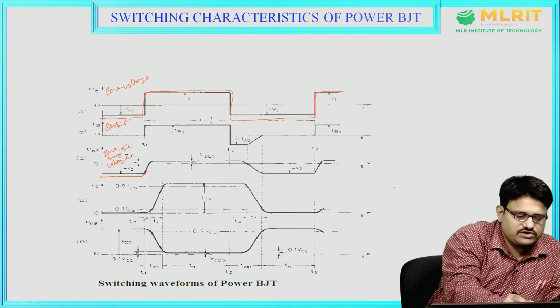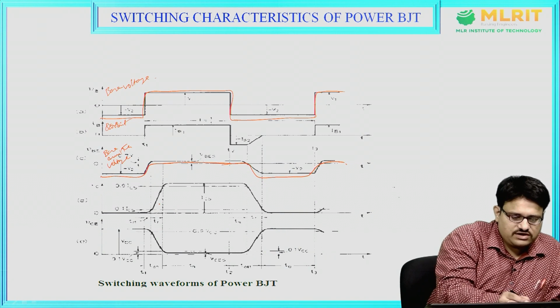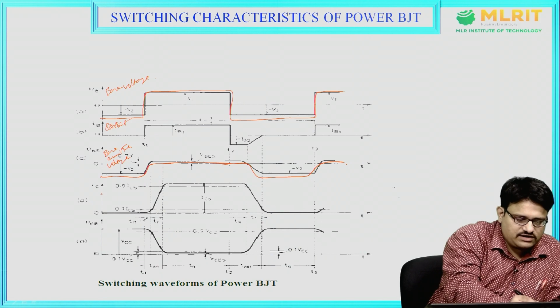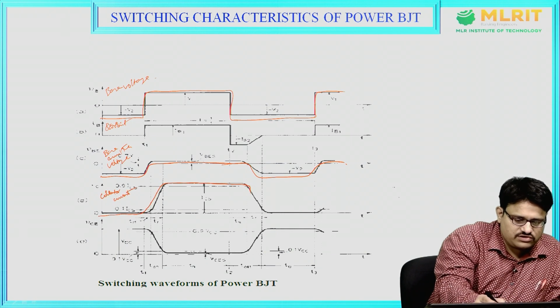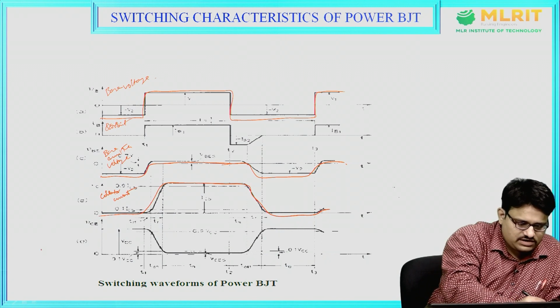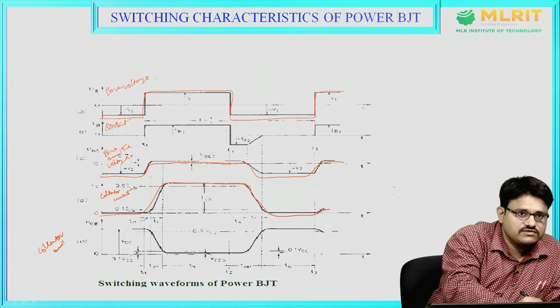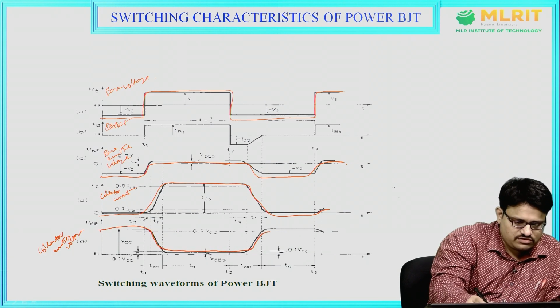The base emitter voltage waveform is like this, and the collector current waveform goes like this, and here the collector emitter voltage waveform goes like this.